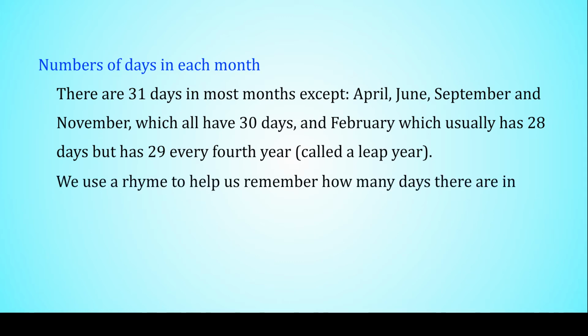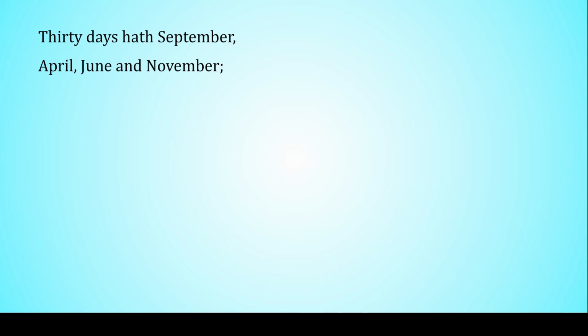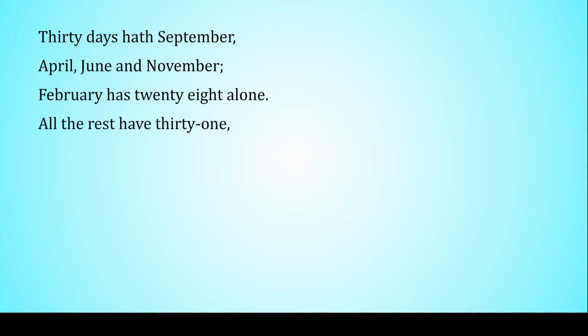We use a rhyme to help us remember how many days there are in each month. 30 days had September, April, June, and November. February has 28 alone. All the rest have 31, except in leap year.